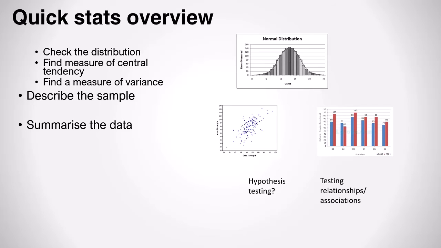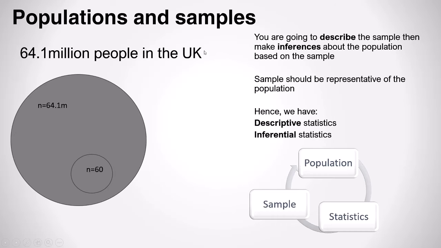Summarize the data, describe the sample. So statistics. Try and think of statistics as the way in which we can draw inferences or conclusions from the sample you've taken in relation to the population you're interested in.